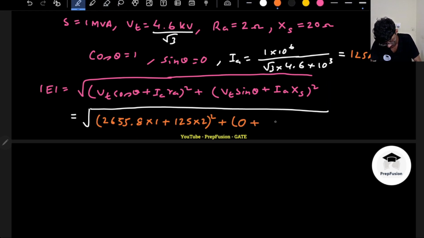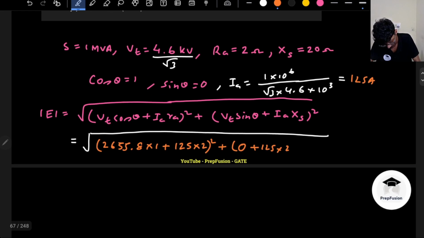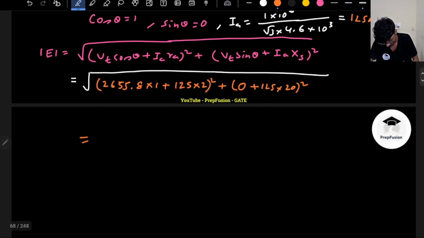So this will be 0 only, it does not matter. Plus Ia into Xs, Ia is 125 into Xs is 20, whole square. So from here I can easily find out. So this will be plus 250 whole square plus 125 into 20 whole square, whole under root. So your induced EMF will be 3833.